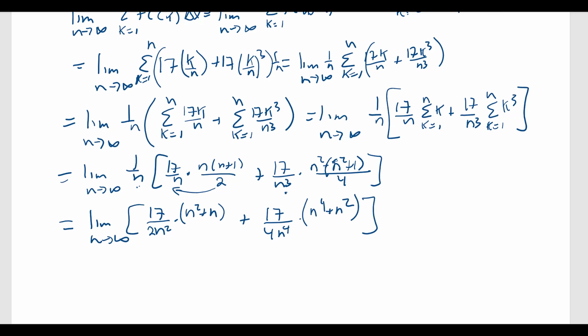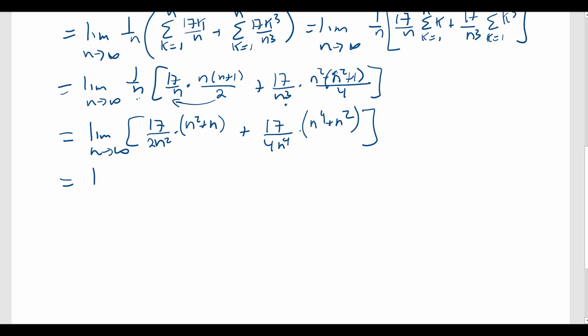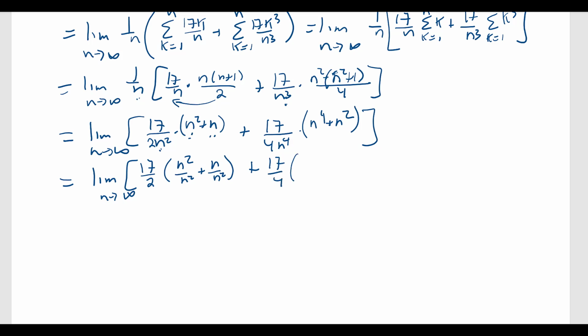Okay, now we take this to the next step. We have the limit as n goes to infinity of 17 over 2. Now watch what I do here. I'm going to take this n and make it a denominator for each of these: n squared over n squared plus n over n squared, plus 17 over 4 times n to the 4th over n to the 4th plus n squared over n to the 4th.